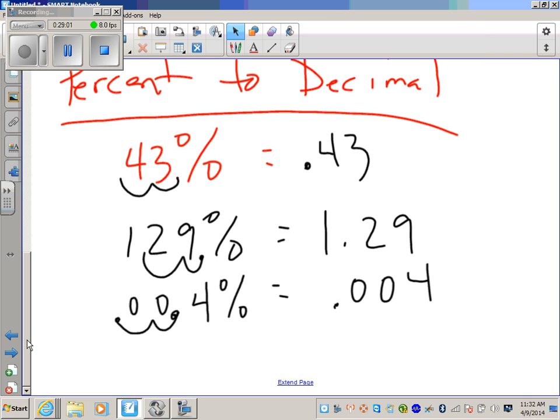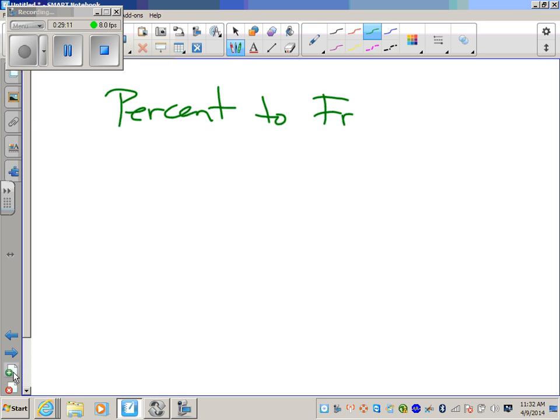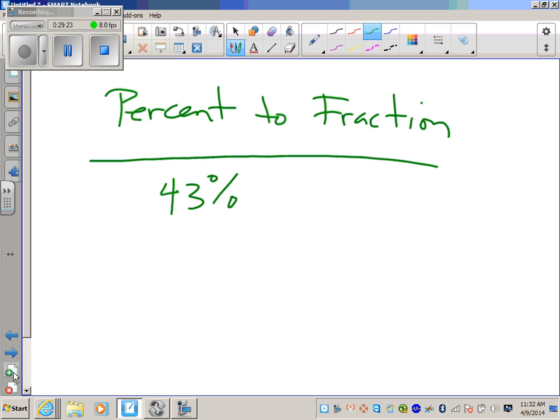Okay, so the last one is percent to fraction. Give me a percent. 43%. Now, what did I learn on today's assignment when they wanted you to write the percent as a ratio?